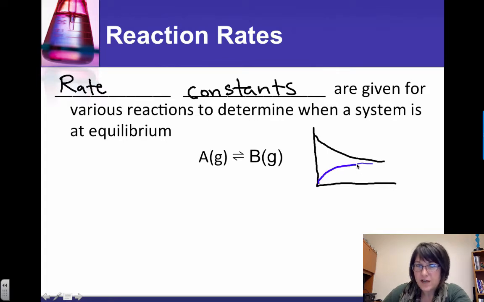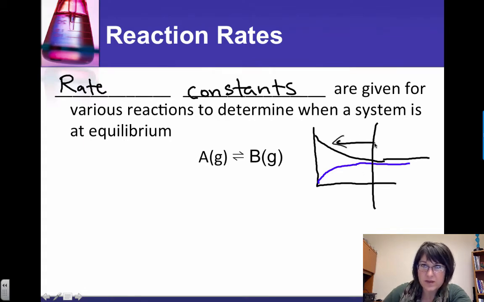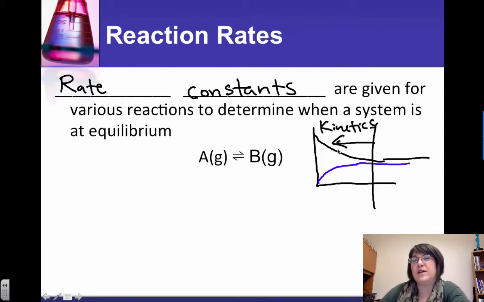But over time, they sort of leveled off and didn't change anymore, and we didn't see any more increase or decrease in either one. So this portion of the graph here is the kinetics portion where we can calculate the slope. And then we can determine the half-life and the rate constant and all that great stuff.